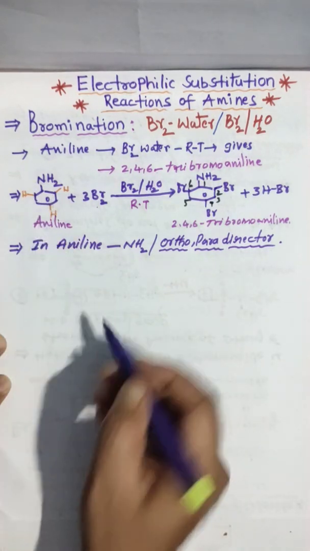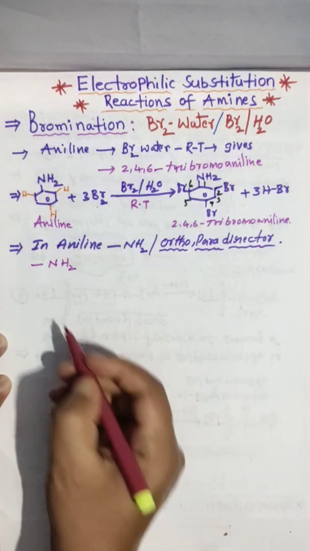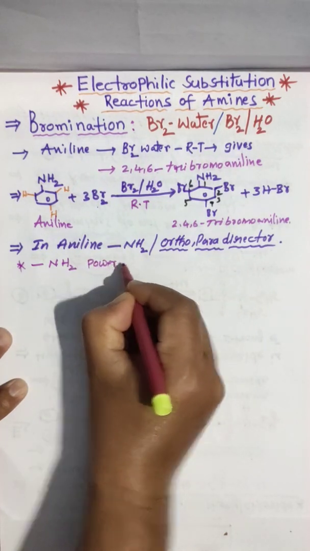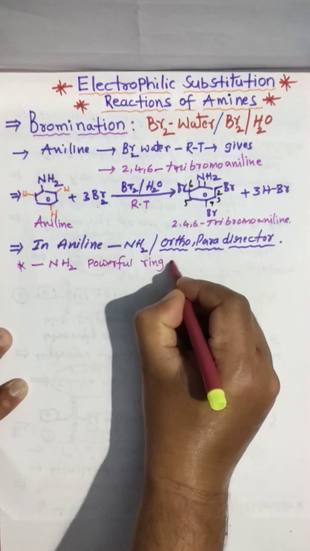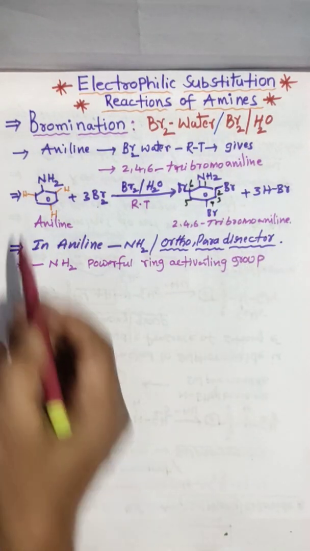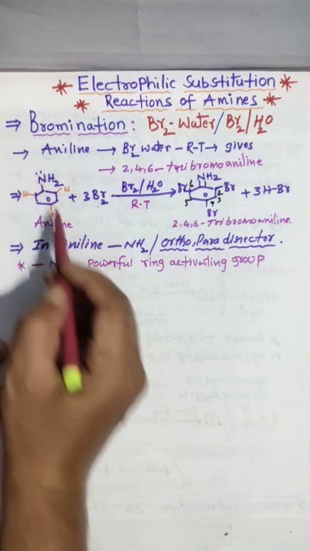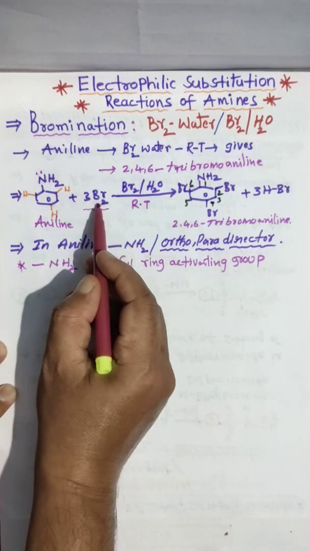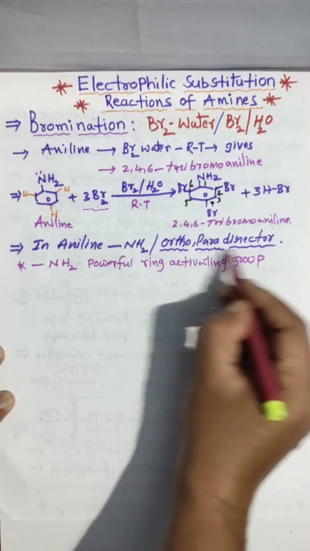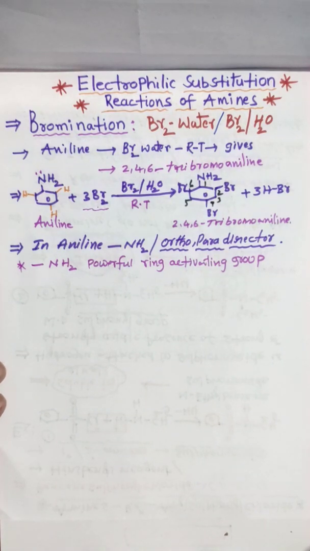Because at the ortho and para positions electron density is more, and NH2 is a powerful ring activating group, meaning it will donate electrons, and that electron density activates the ortho and para positions. That's why in aniline the NH2 group is an ortho-para director and a powerful ring activating group, and you get only the ortho-para substituted compound.